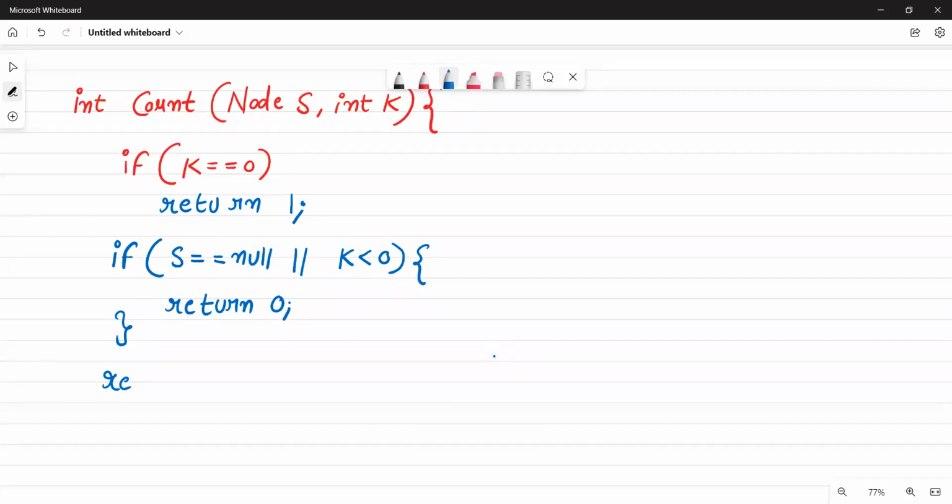Traverse in the opposite direction or upper direction. So for that, check until the node becomes null, like node dot left and node dot right become null. Keep on going while k is less than or equal to.